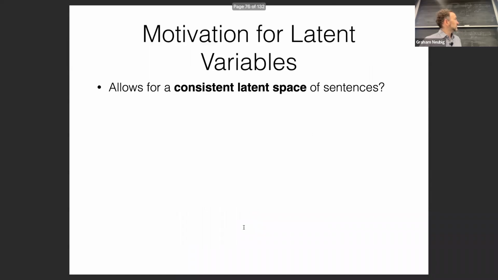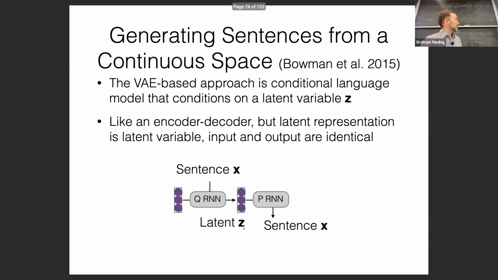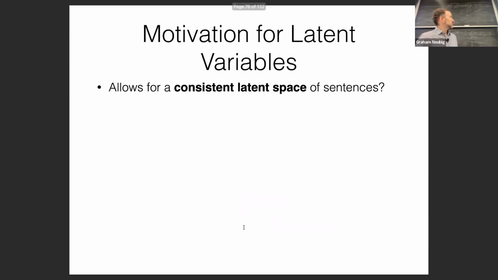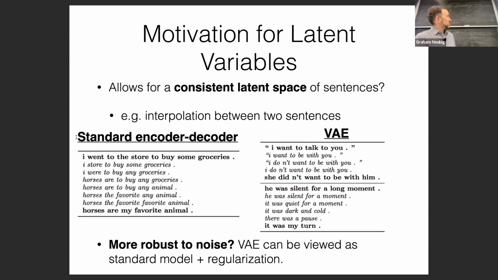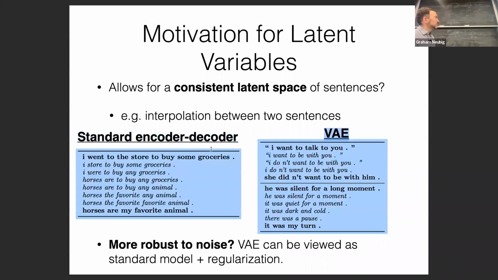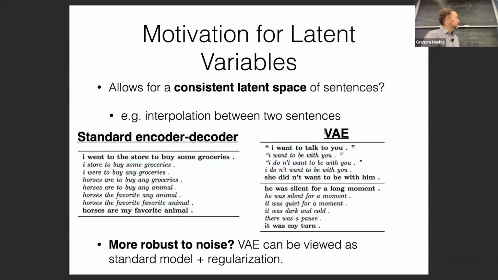So, the motivation for latent variables within this generative model: one question you might ask is, why don't we just train a regular language model and not think about latent variable Z at all? There are a few motivations. The first is that this might allow for a consistent latent space of sentence vectors. We have a standard encoder-decoder, which is an autoencoder with no prior, and then we have the VAE.